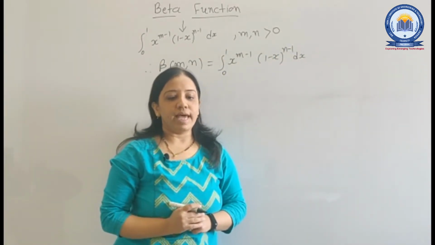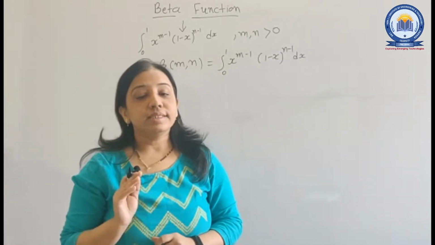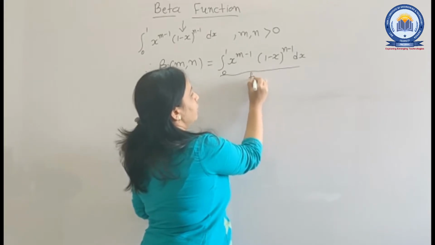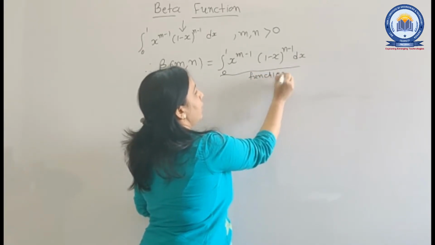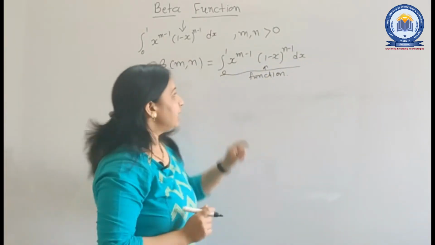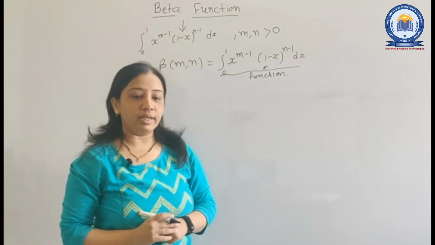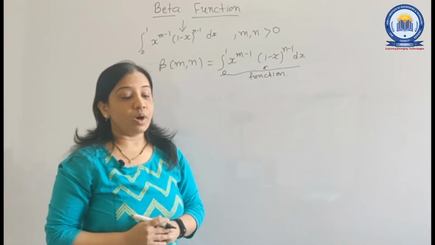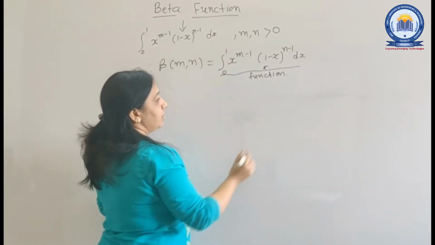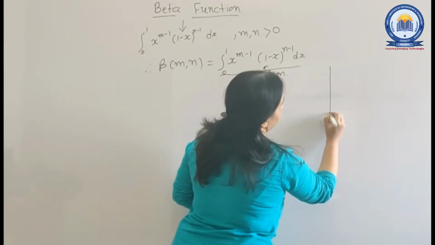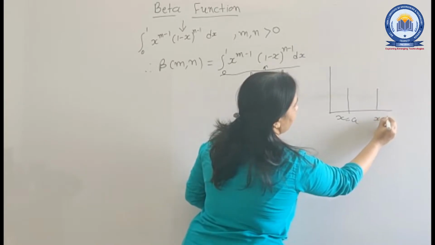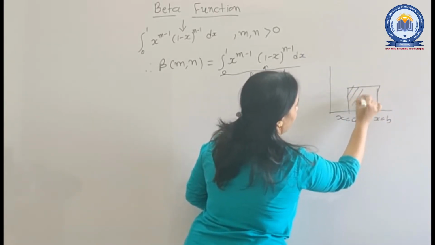So basically what happened here, the function is represented in terms of integration. Here there are two variables m and n, and the limit is fixed, that is 0 to 1. Normally that will be used to show the area. Suppose the limits are a and b, x equal to a and x equal to b. So obviously this will be an area.